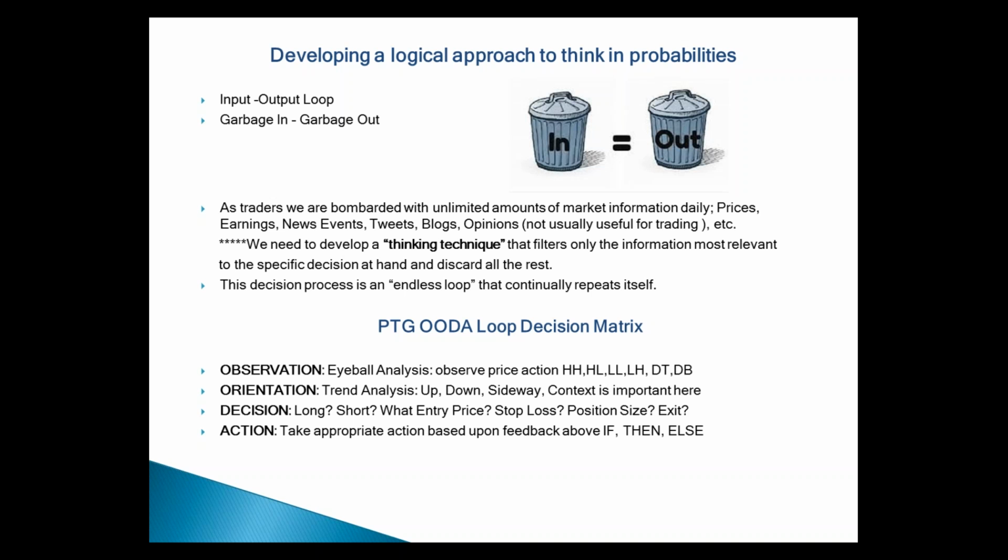If they don't deal with it effectively and they're not grounded in some way for themselves, they're going to be running around like the proverbial chicken with its head cut off, not knowing what to do. And unfortunately, confusion and uncertainty simply breeds fear. So we need to develop a technique that filters a lot of this information, and we only want to take from the information provided to us today what is relevant.